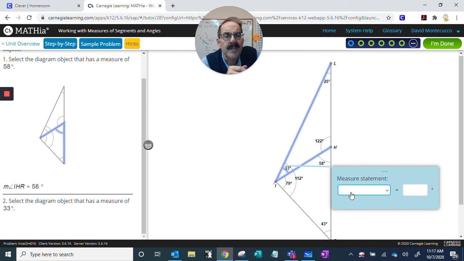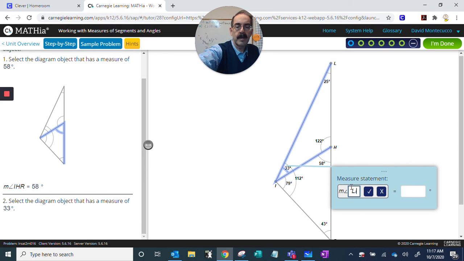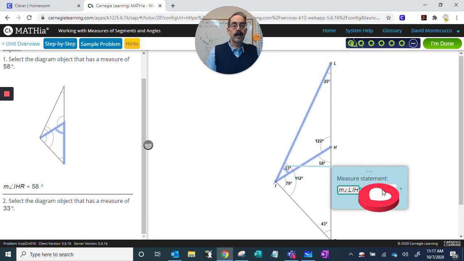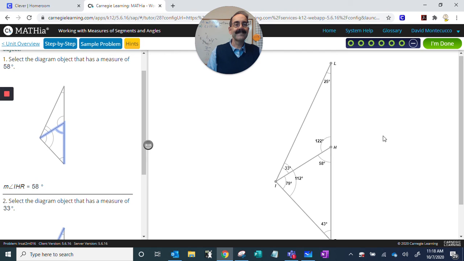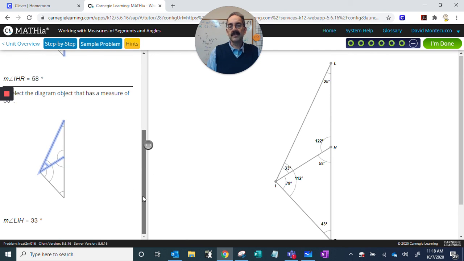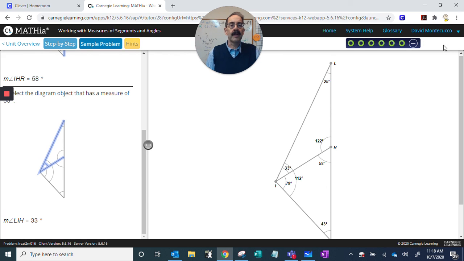Okay, so let's go measure. LIH, or HIL, either way. And 33 degrees. All right. And check to see if there's anything else. Very few have more than 2 parts, but you never know. And see where we head.